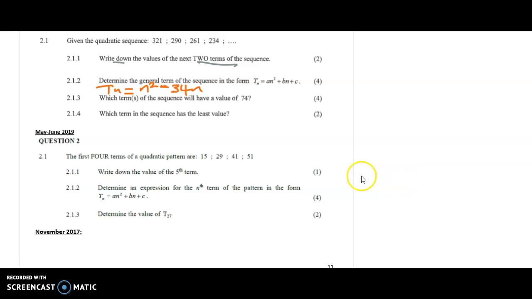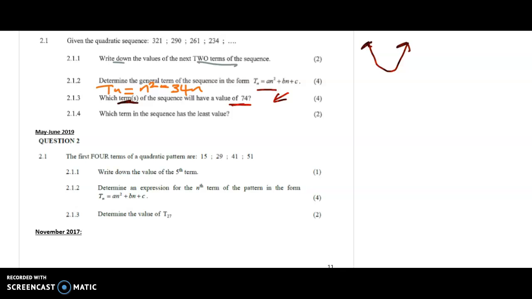So we are required to find which terms of the sequence will have a value of 74. They say which terms, so they can be two terms. Remember that a quadratic sequence is actually parabolic.